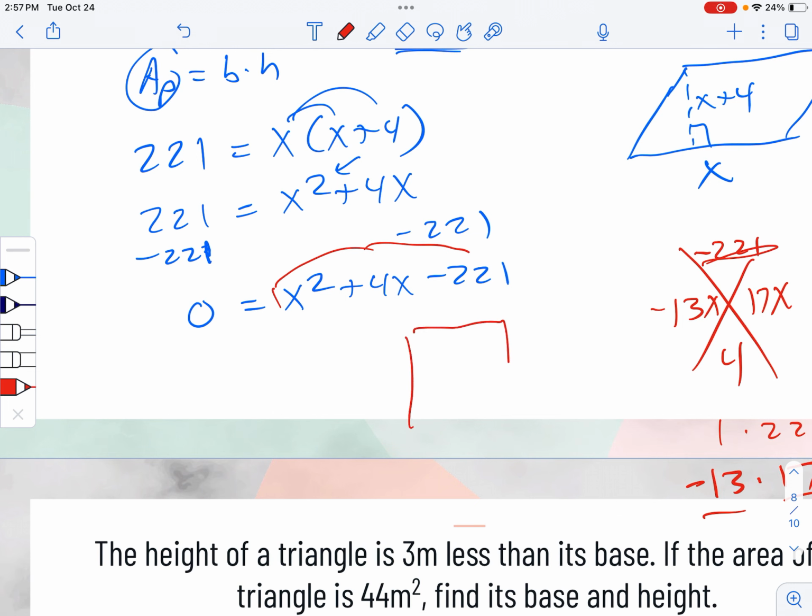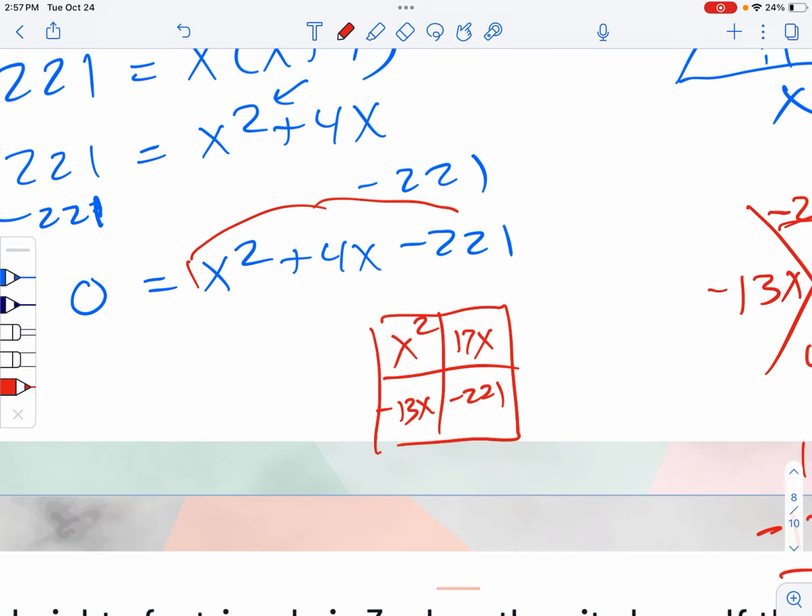Now we got to do the little box method. x squared and negative 221. You got negative 13x and 17x. Okay, so doing my box and factoring this, got an x here, x here, x times x is x squared. These are both negative. They're both divisible by negative 13, so that's negative 13.